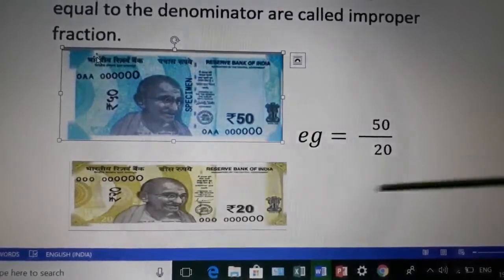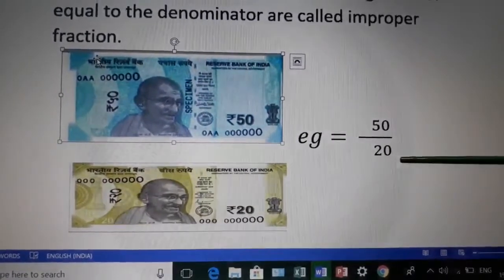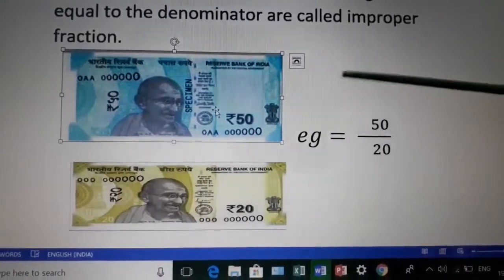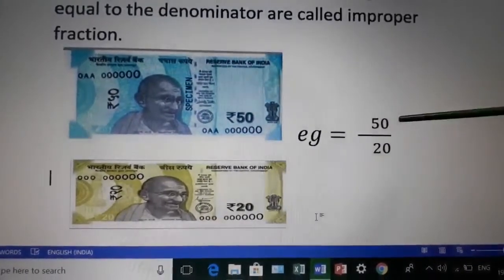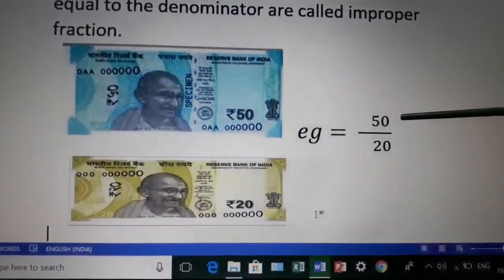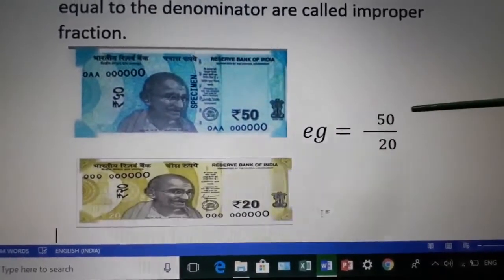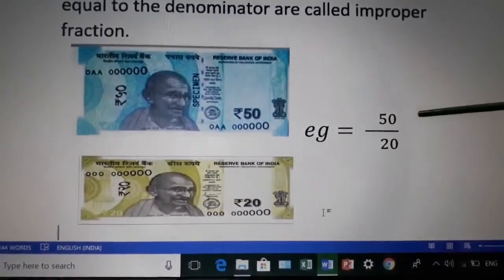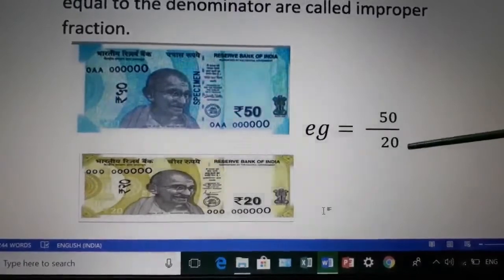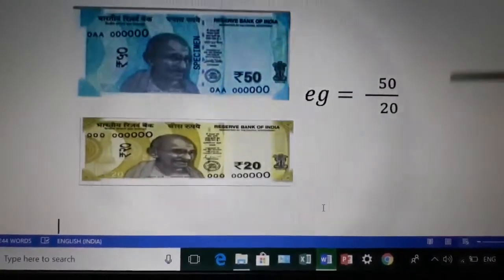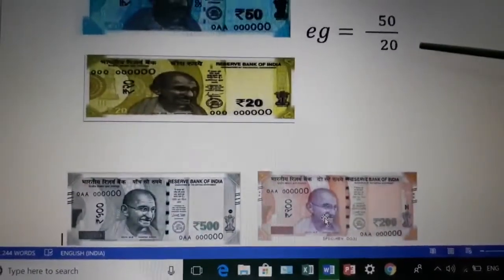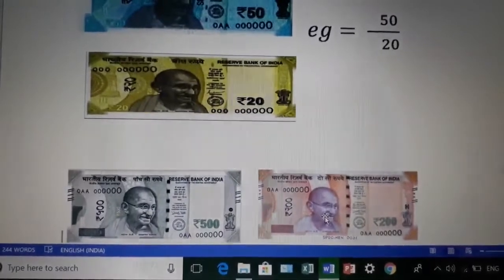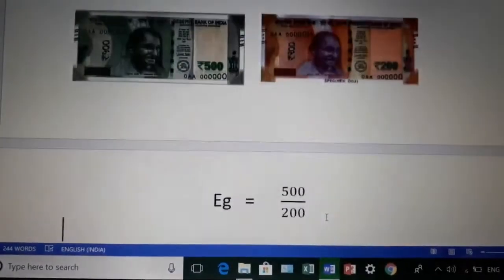So here 20 rupees total you had, that is your denominator, and you want to purchase a toy for 50 rupees, that is your numerator. It is improper, you can't buy. So improper fraction is a fraction in which the numerator is bigger than your denominator. When the numerator is bigger than denominator, these fractions are called as improper fractions.